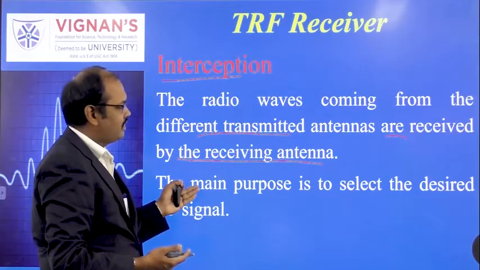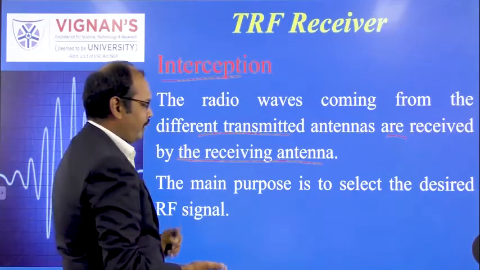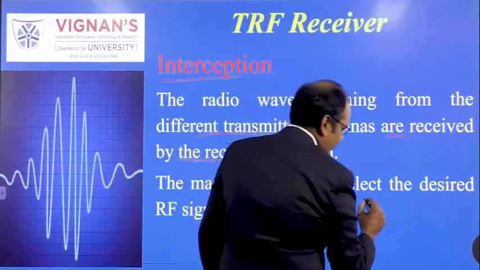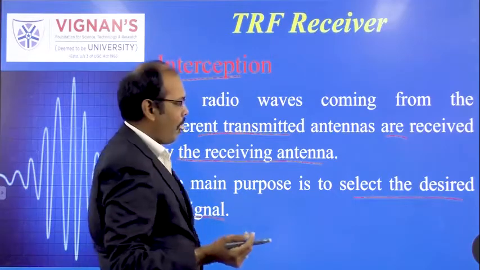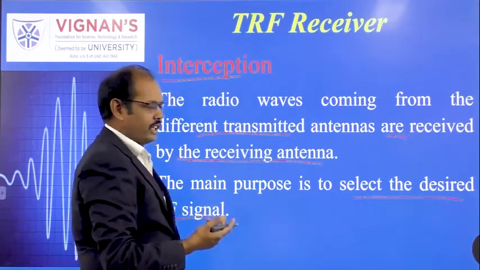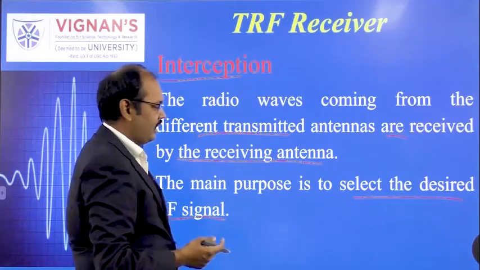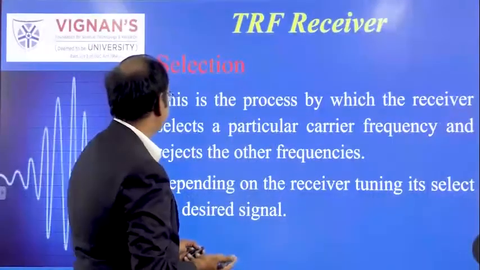All of it has to be received by the receiver antenna. The main purpose is to select the desired RF signal, as I told. So it must have selectivity. It must be able to select the proper desired signal and remove the unwanted signal. That is the interception.